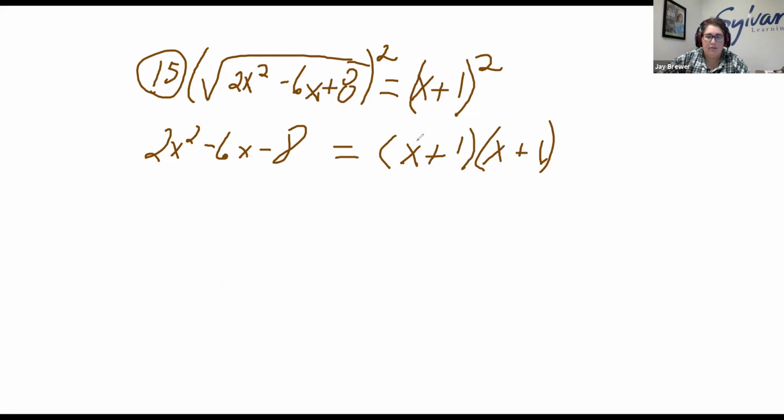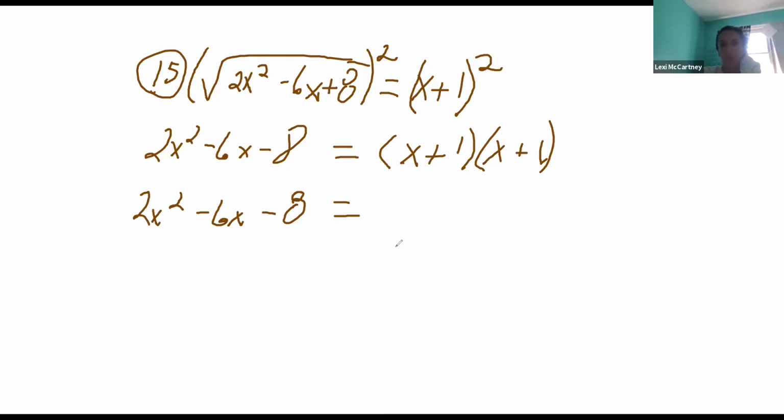Let's instead go ahead and FOIL this. So what do we get on the right side? When we FOIL this, what do we get on the right-hand side? X squared plus 2x plus 1.